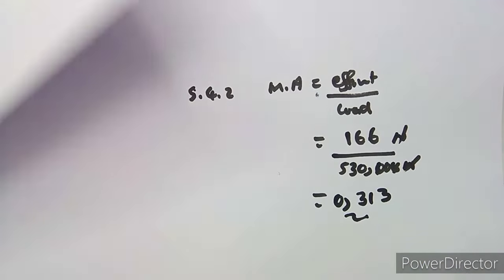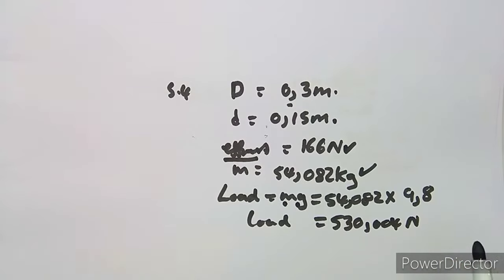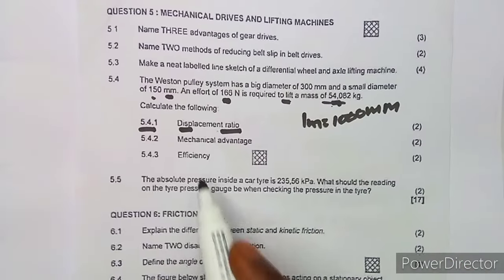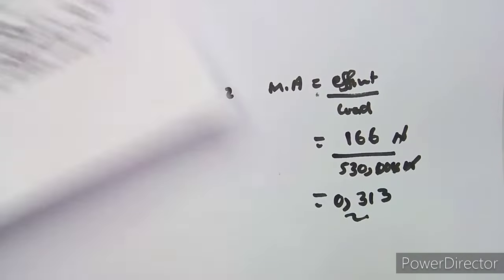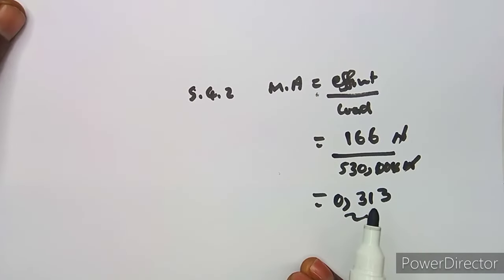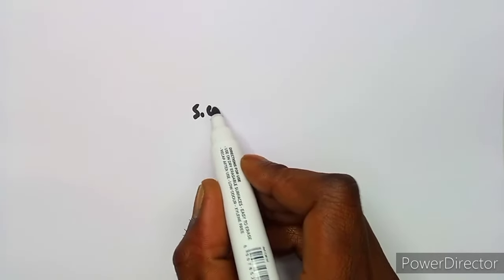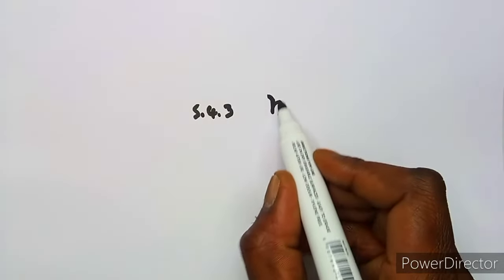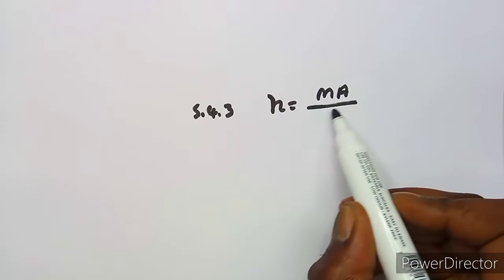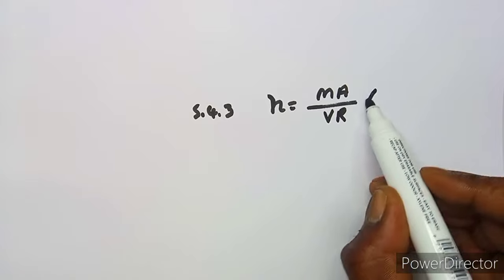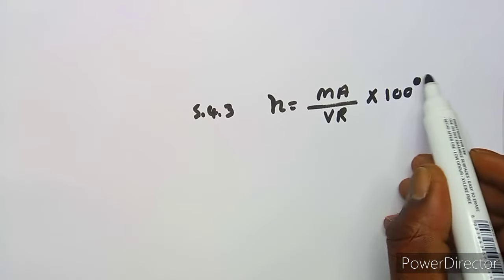All right, so that's our information, guys, and then the efficiency of the pulley system that we are given. And what is efficiency? How do you find efficiency, guys? I'm asking you. Efficiency is the mechanical advantage over the velocity ratio, which is the displacement ratio, times 100%.